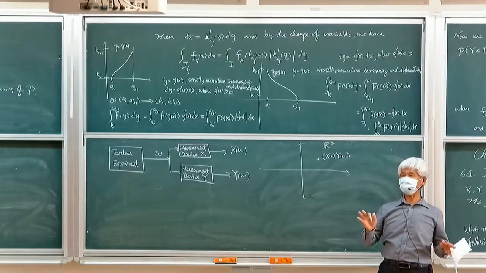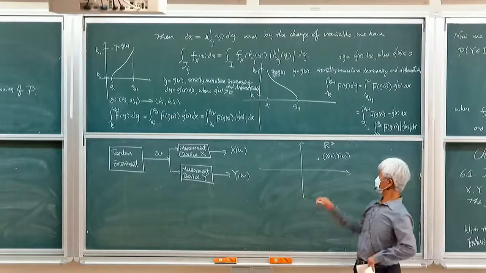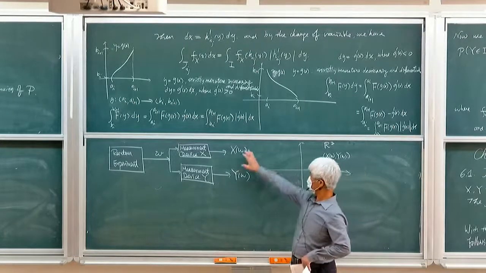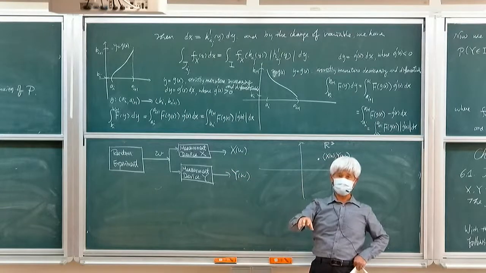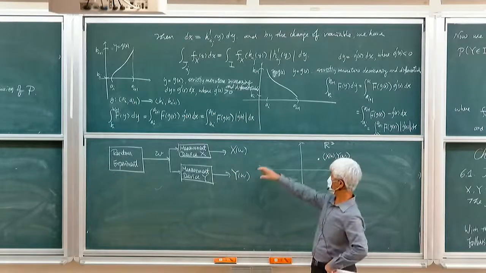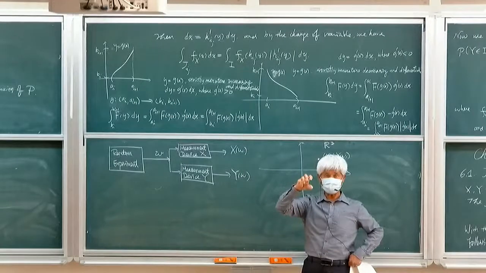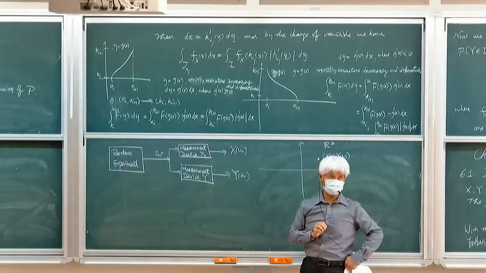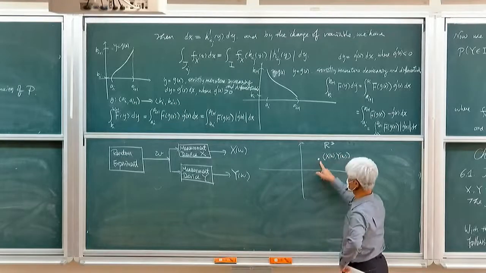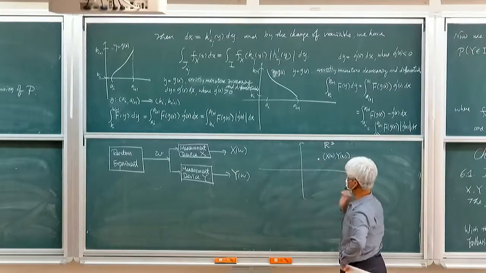So in many situations, we would like to see these two measurements simultaneously, and so represent these two measurements as a vector in the two-dimensional Euclidean space. Okay, so it becomes the point here.